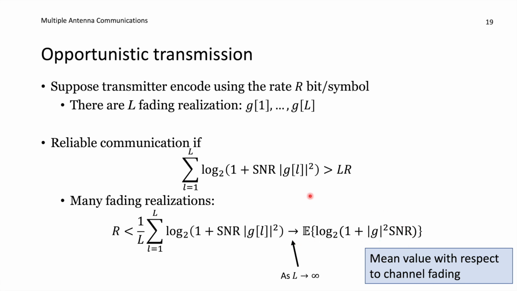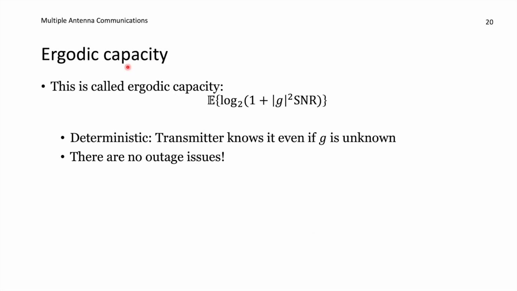This value is something that one can compute at the transmitter even, given these channel statistics. This expression is called the ergodic capacity. And since we are averaging over many channel realizations, we are seeing all possible realizations throughout our transmission, this is a deterministic number.